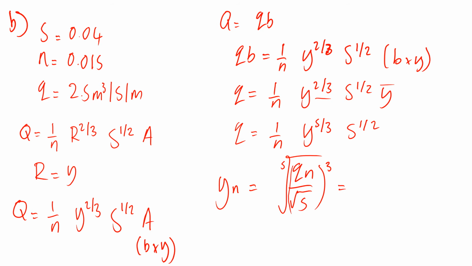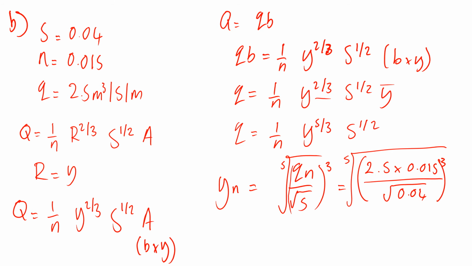So yn is equal to 2.5 times 0.015 over the square root of the slope, which is 0.04, all cubed. The answer you get from that is 0.366 meters.